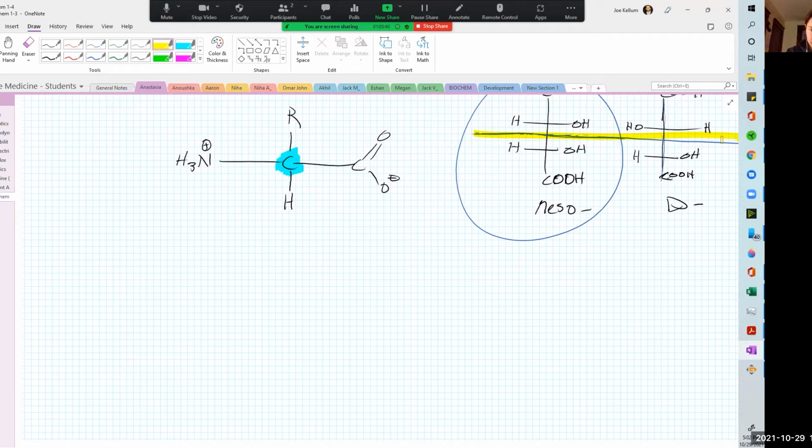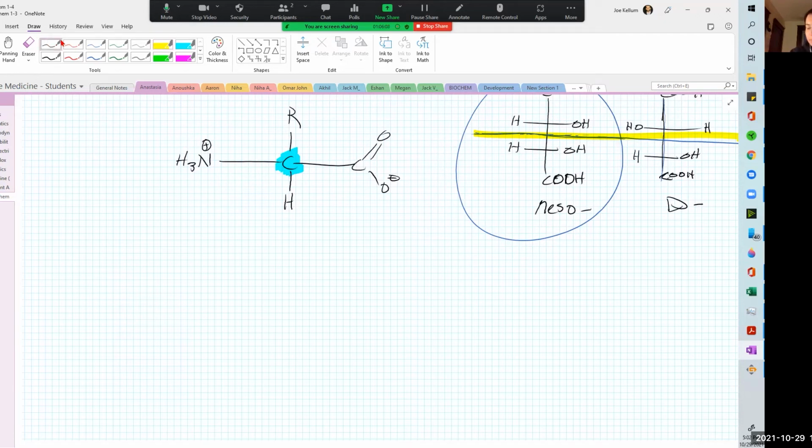Apart from meso, which has internal mirror imaging, diastereomers are non-mirror image isomers that are specifically configurational. Okay. Yes. And they classify E/Z isomers as diastereomers as well, which is whatever, just so you know that.